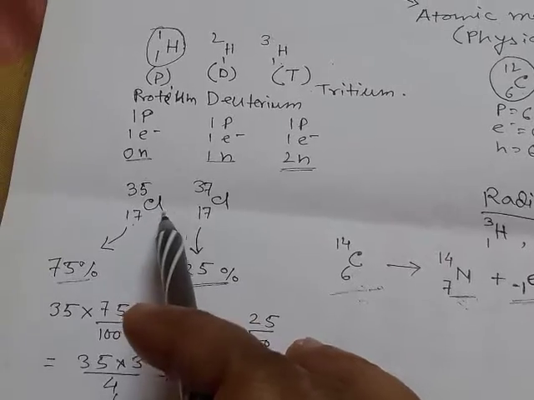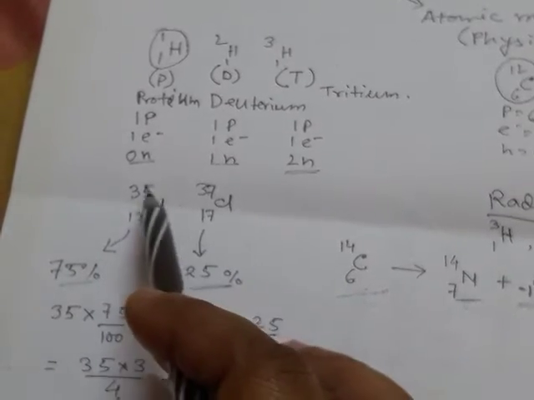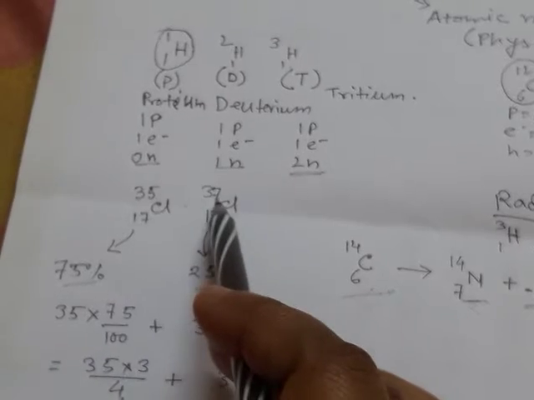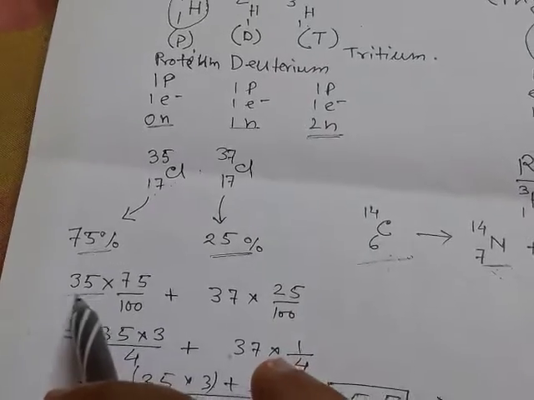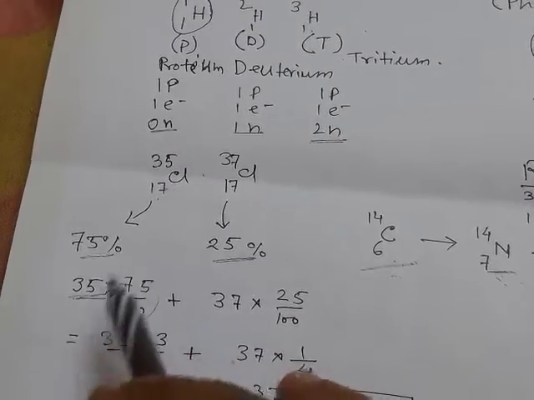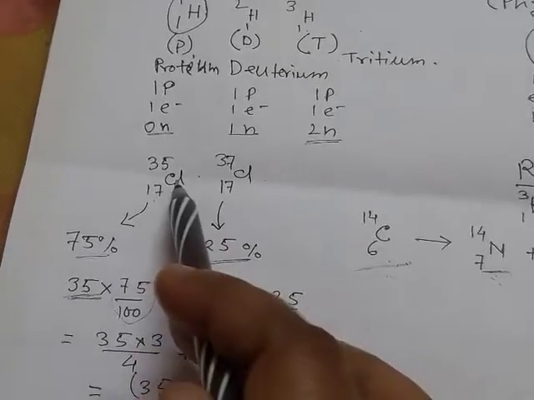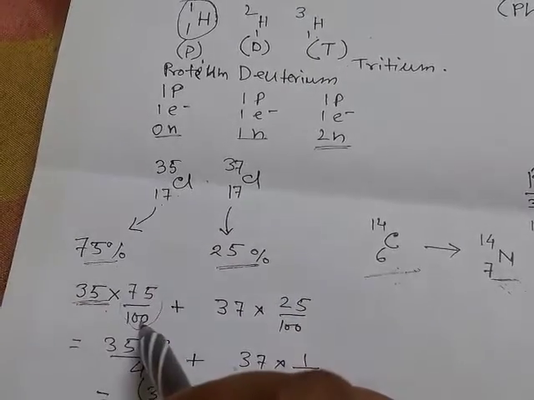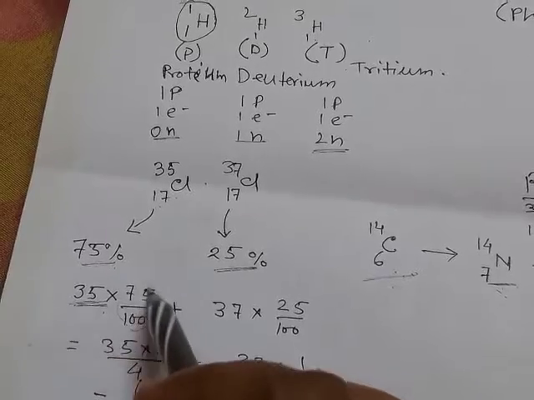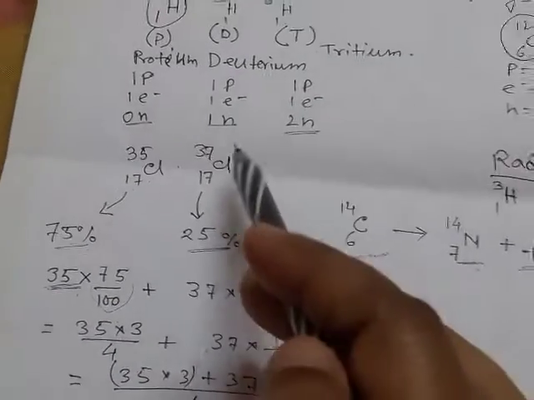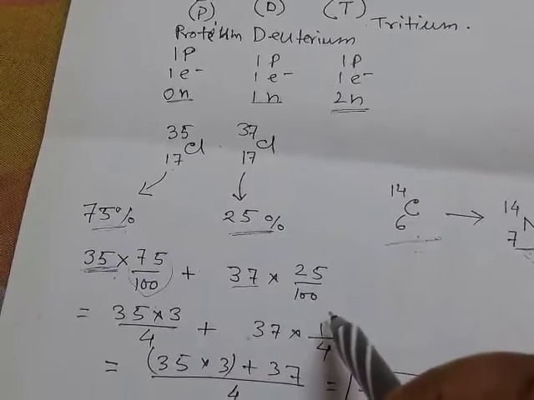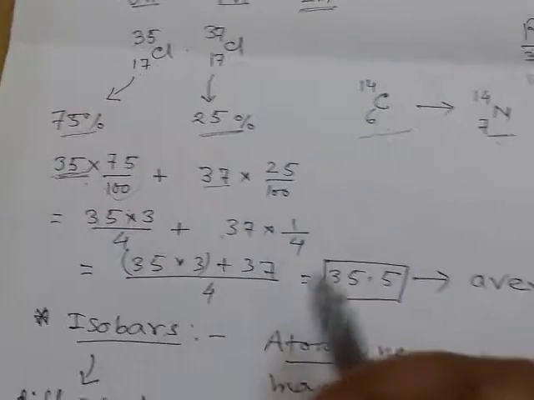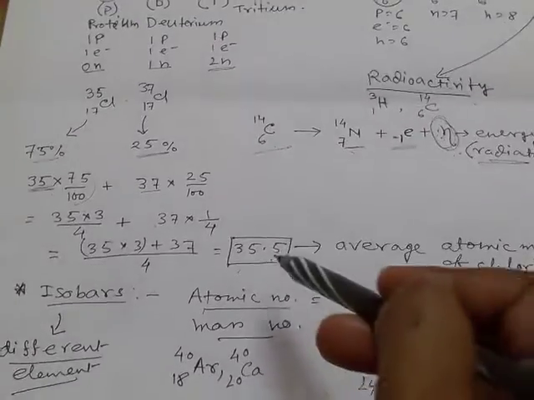So to determine the atomic mass of chlorine, we have to take the average of these 2 mass numbers, and this average is obtained if we multiply the mass number with the abundance. So the mass number of this isotope is 35 into its abundance 75 by 100, plus this isotope's mass number 37 into abundance 25 by 100. Simplifying it, we get 35.5. This is the average atomic mass of chlorine.